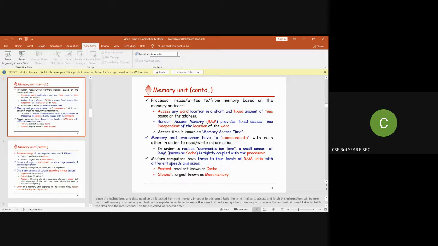In order to access any word location in a short and fixed amount of time based on the address, we use the random access memory system, RAM, which provides fixed access time independent of the location of the word. If we go with sequential access, then to access a particular word in memory, the process should start from the starting address and find the specified address.